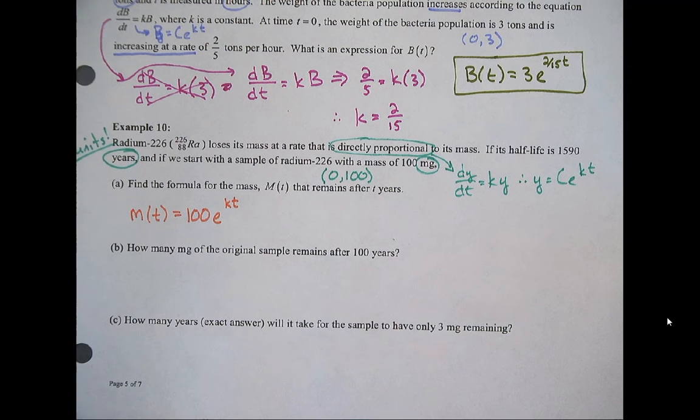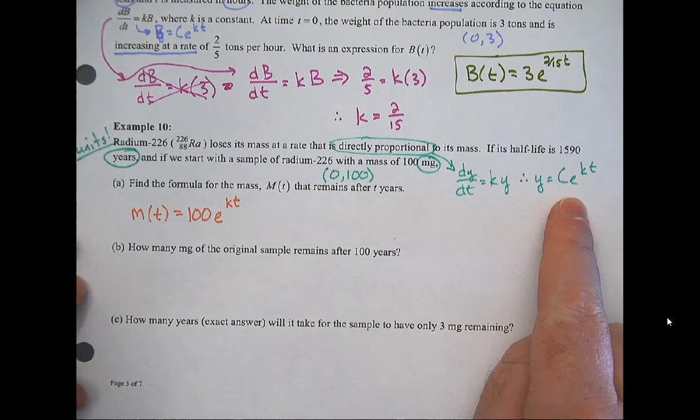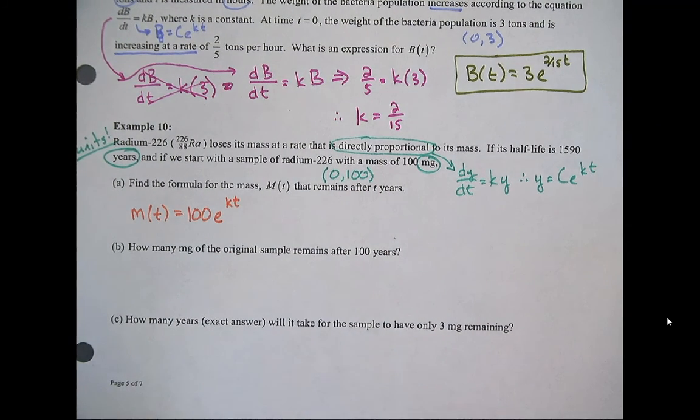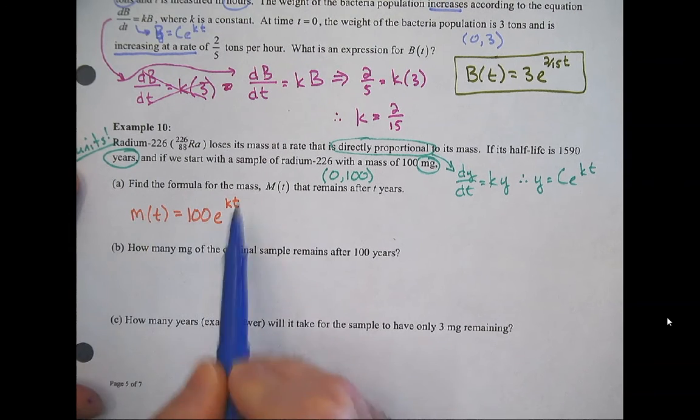Well, what other thing have they given? They gave us the initial amount. We used that. They told us it was proportional, so we used that. What haven't we used yet? Well, obviously the fact that we've got a half-life of 1590 years. So I can use that as a specific case for this equation.